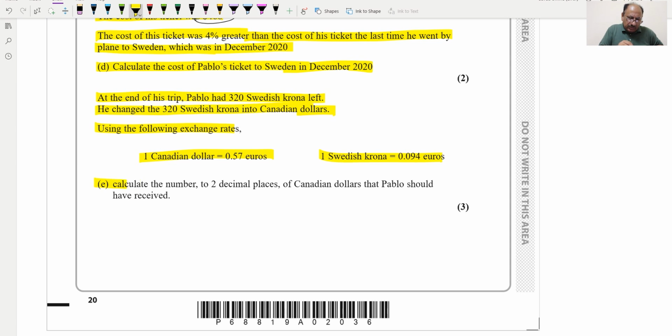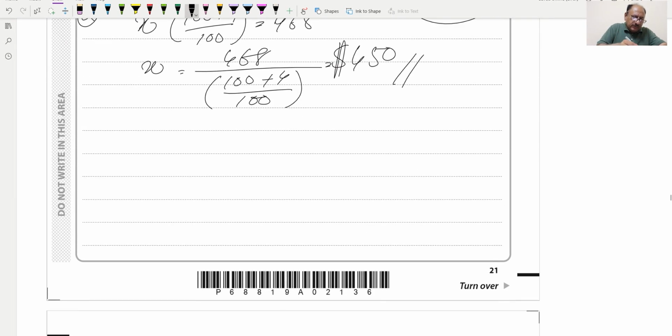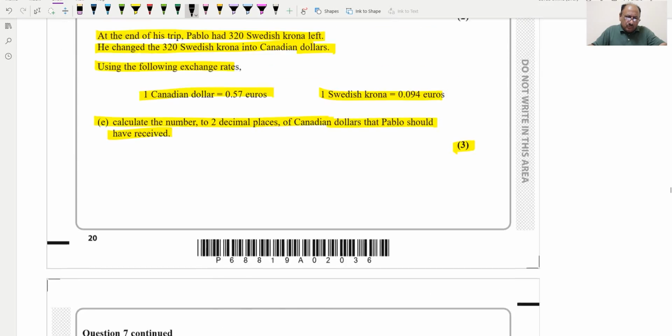Calculate the number of Canadian dollars, to two decimal places, that Pablo should have received, and this is 3 marks. This is a currency conversion question, and we can solve part E here, where we have 320 Swedish krona.